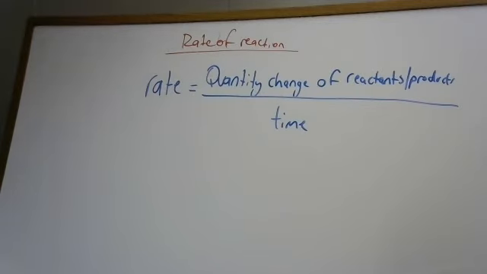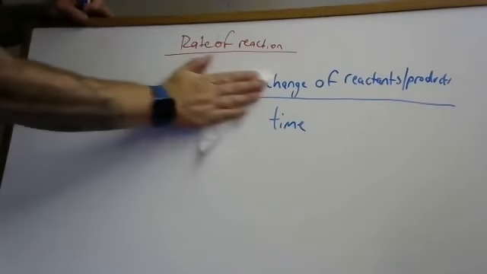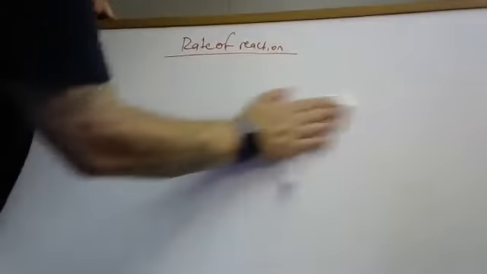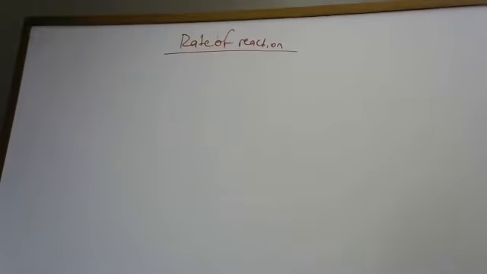So we can make some assumptions when we're looking at a reaction. So we can say that in a chemical reaction, 2 things happen. Quantities of reactants reduce and the quantity of the product increases. Fairly simple and straightforward. We know those 2 things will happen.